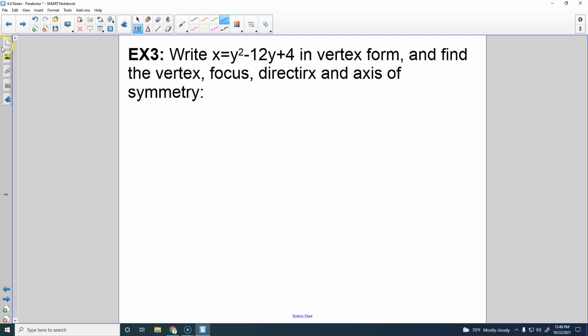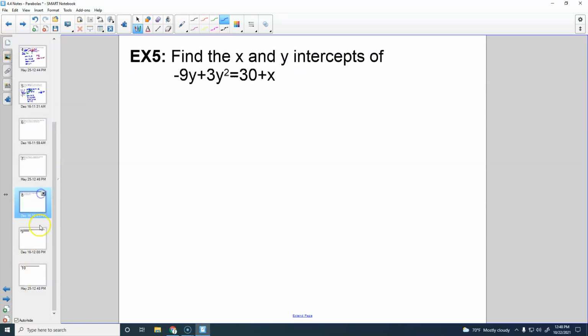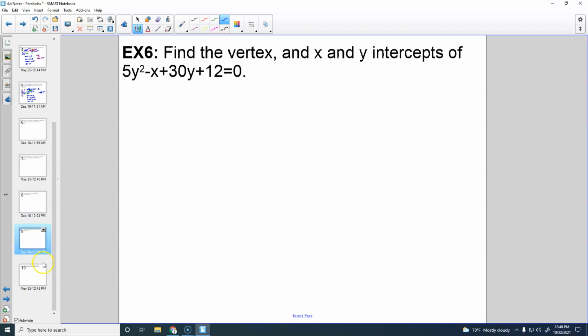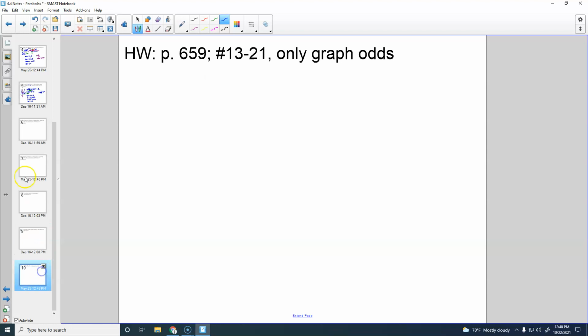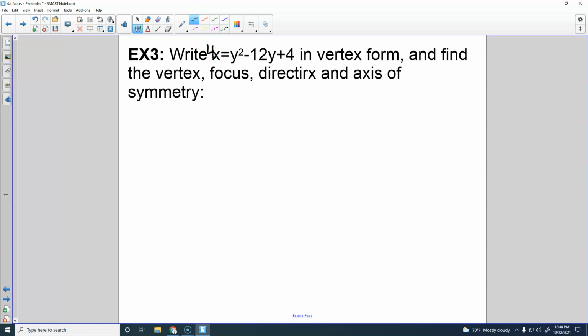Let me see if I added a type of problem I need to add in here, and I don't think I did, so I'm going to add something to this. Let's do this to the problem that you have here. Let's just put a 4 right there in front of that x.